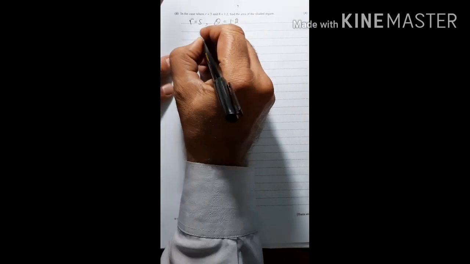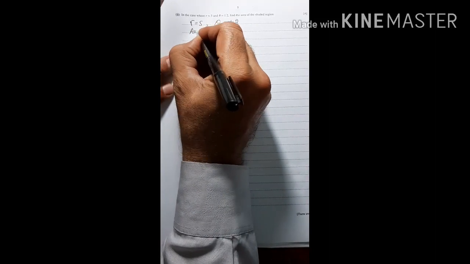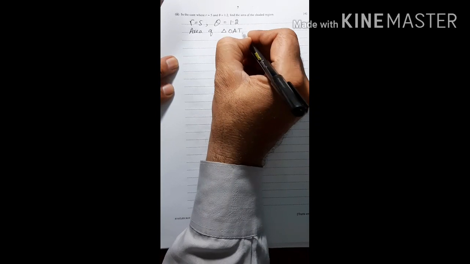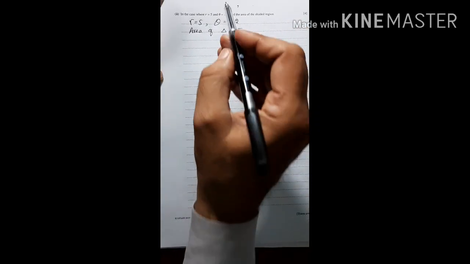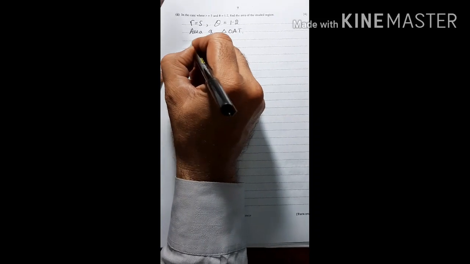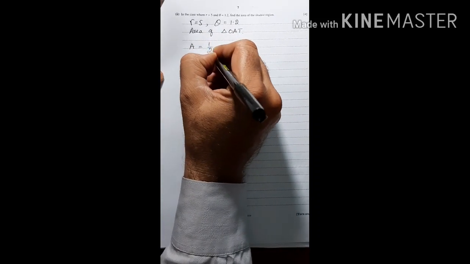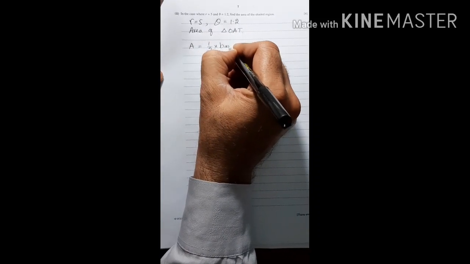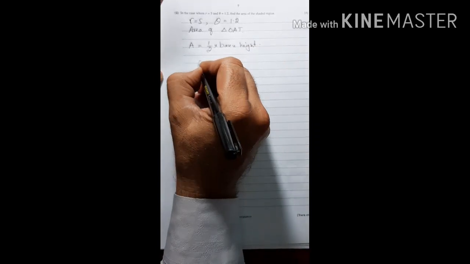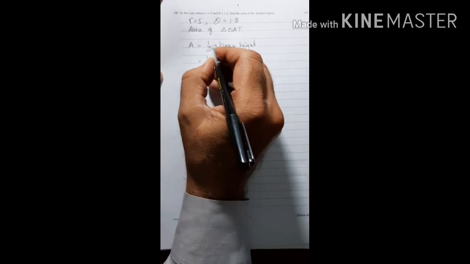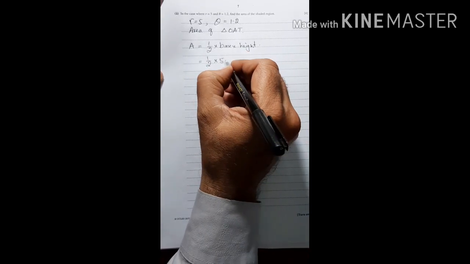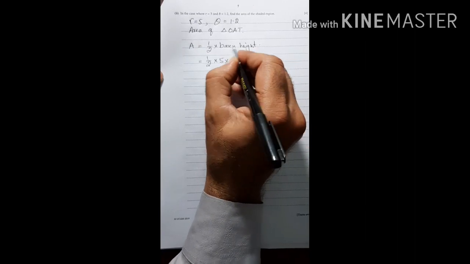So area of triangle OAT, this is a right angle triangle. We'll use the formula area is equal to 1 by 2 into base into height. It will become 1 by 2, base is 5 because R is 5, and height is R tan theta.